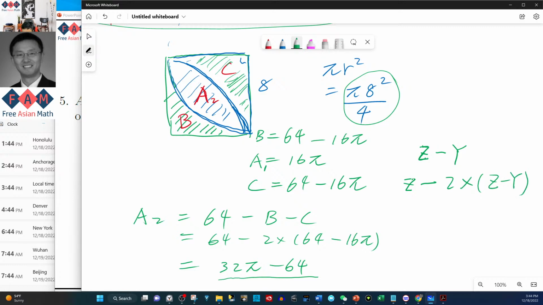Just to avoid confusion, Z represents the area of the square, Y is the area of the quarter of the circle, and Z minus Y represents either B or C. So that is what you need to do. Clearly, that would be 2Y minus Z.